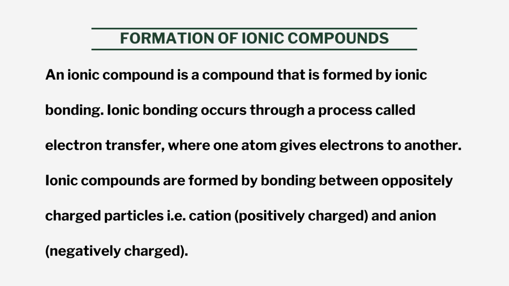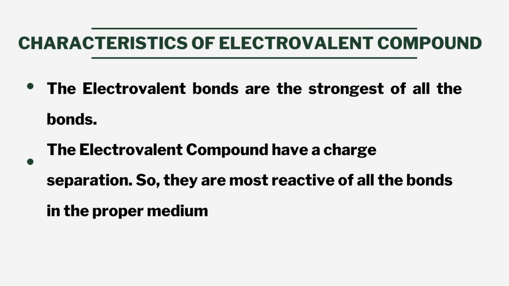So ionic compounds form where there is transfer of electrons. An atom can either gain or lose electrons. So when there is electron transfer, that is when ionic compounds form. Are we together?